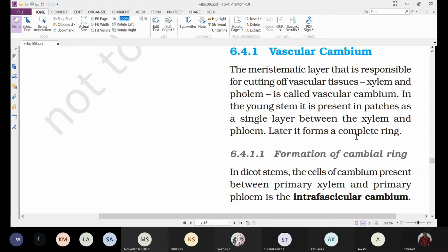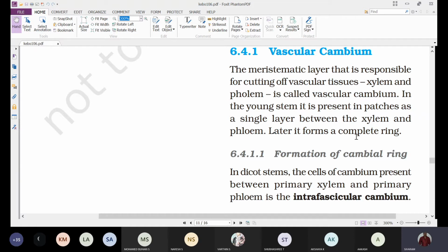But later in the growth of the plant body, these parenchymatous cells transform back into meristematic cells. That means they undergo de-differentiation. First meristematic cells become parenchymatous cells, and again from parenchymatous cells they de-differentiate into meristematic cells.